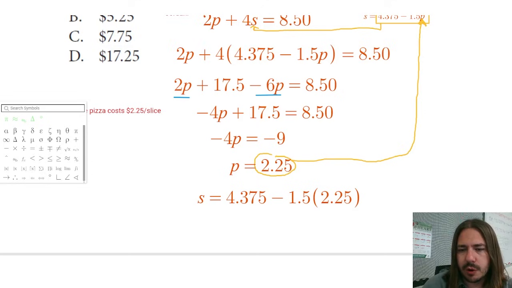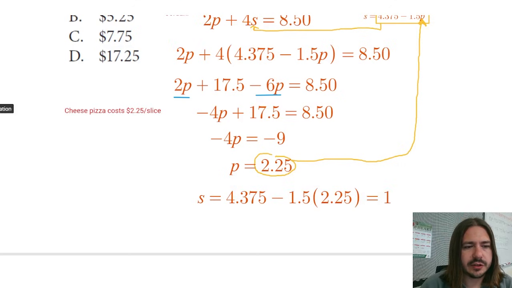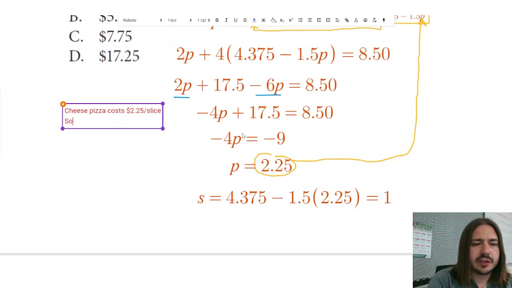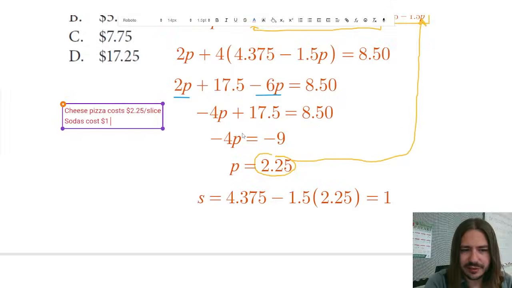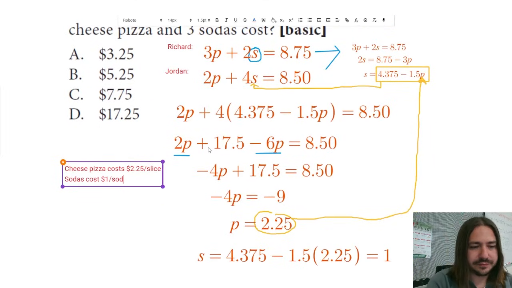So 4 minus 3 would be 1. Okay, so the sodas are $1. Right, so let's go back to our conclusions here. The cheese pizza costs $2.25 a slice. Sodas cost $1 per soda.